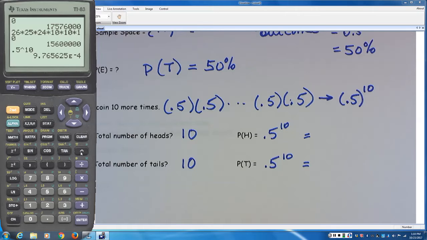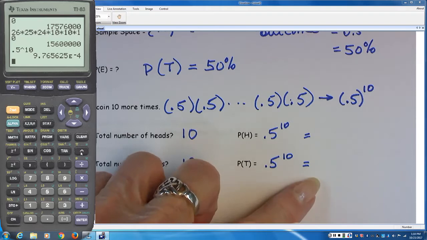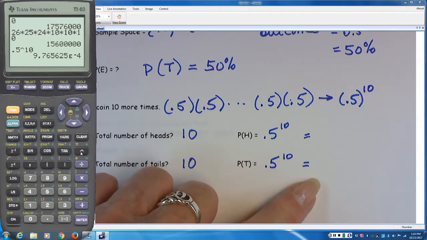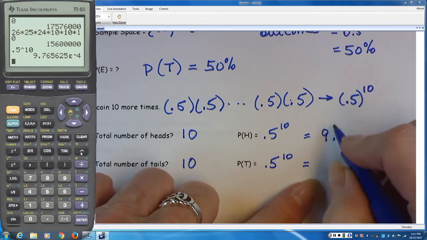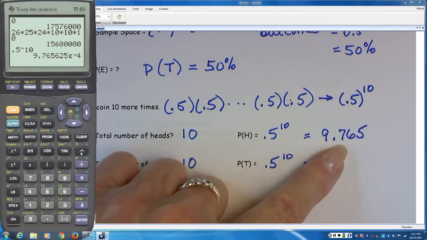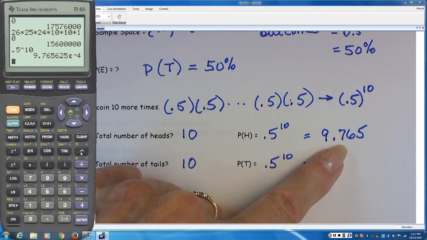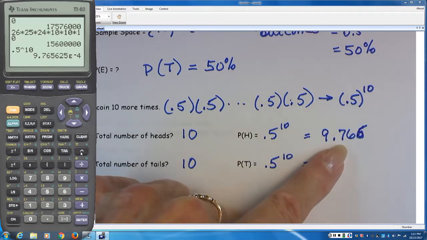And notice what kind of answer we get. That answer is in scientific notation. And basically, when you see 9.76, even if my lab says round to 3 decimal places, you put 9.765 or 9.766 if you round properly, that's not right.